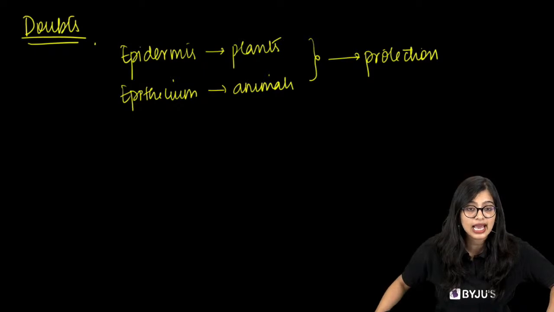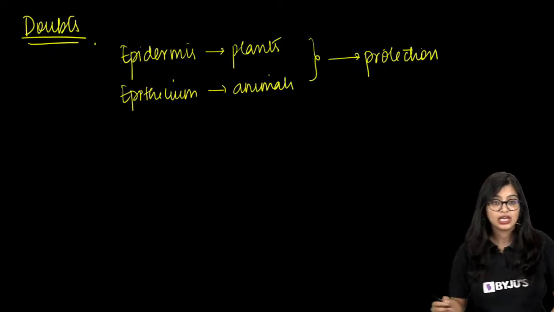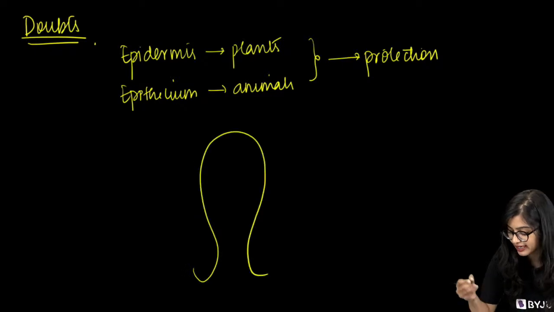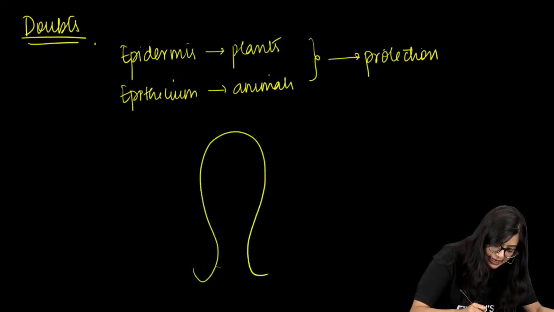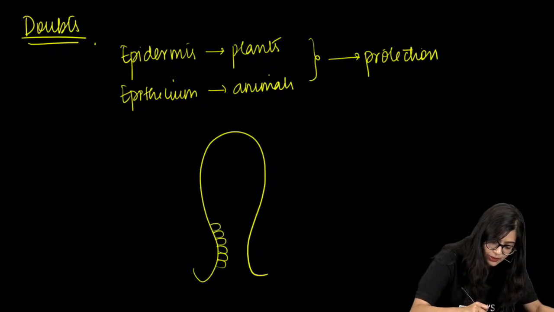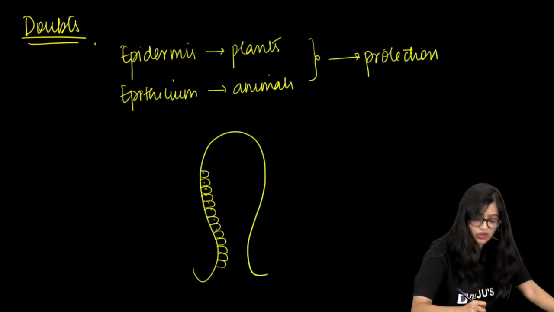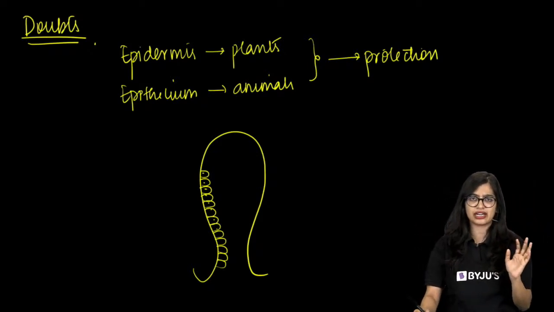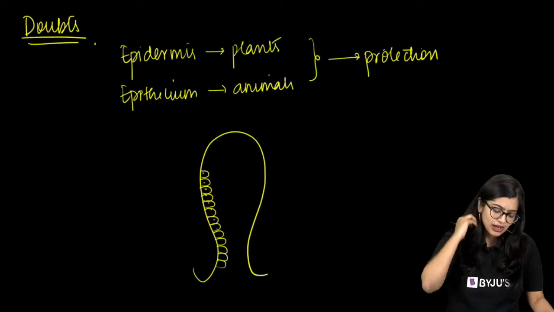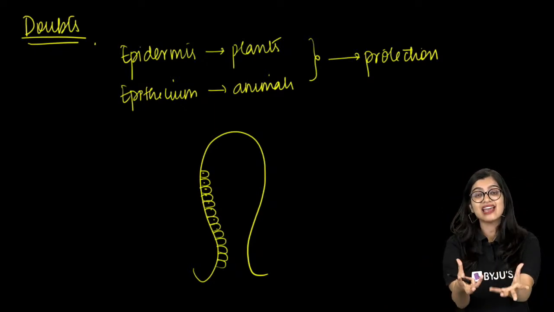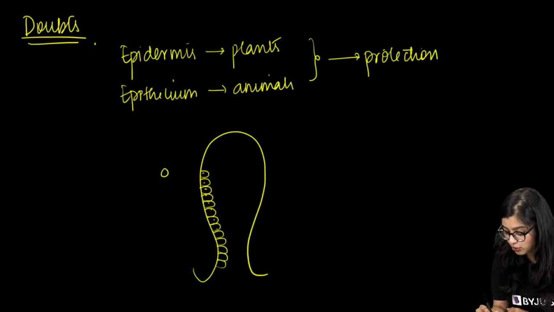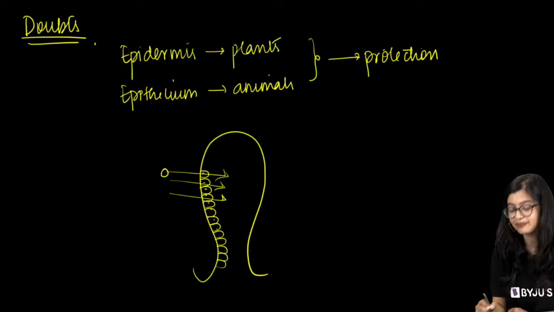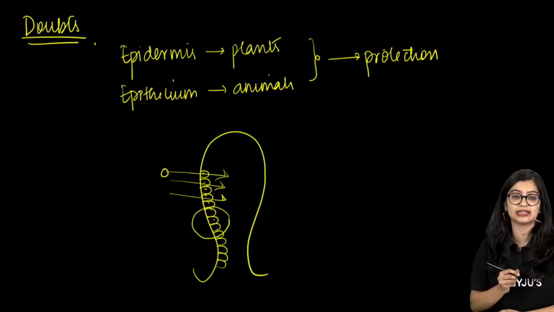Ma'am, how does columnar help in secretion and absorption? Good question. Like I said, you take the inner lining of the intestine, like the villi, which tend to have these columnar cells. Secretion is a different thing which we will tackle later, but absorption: if villi is able to absorb food, that means if my glucose molecule from my intestine is able to go past my villi, it is because of this columnar epithelium.